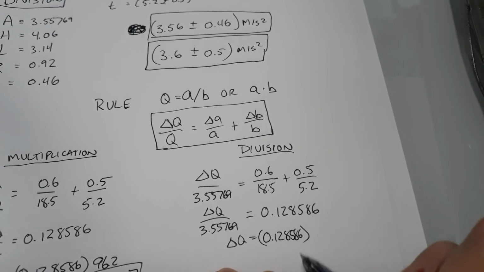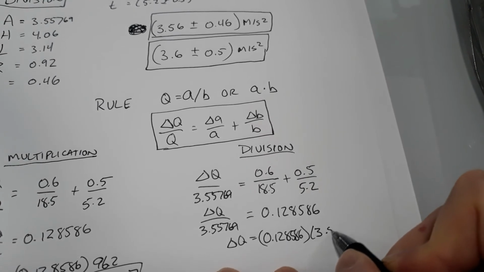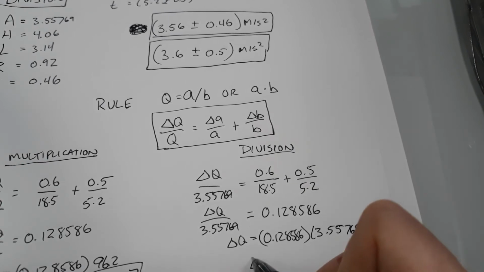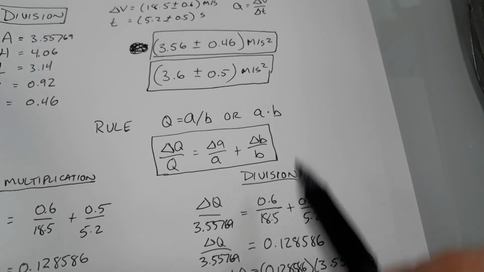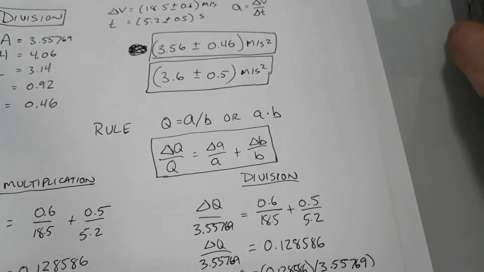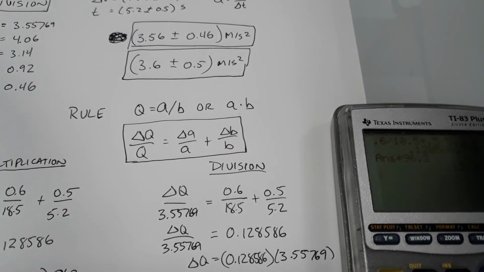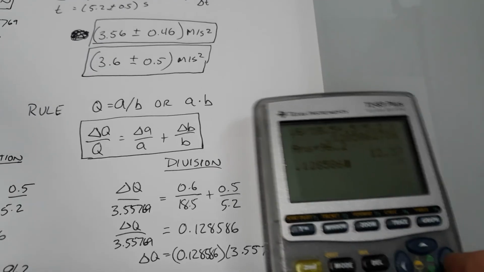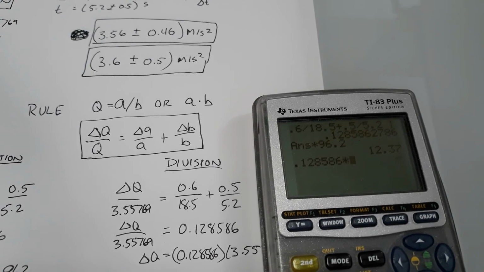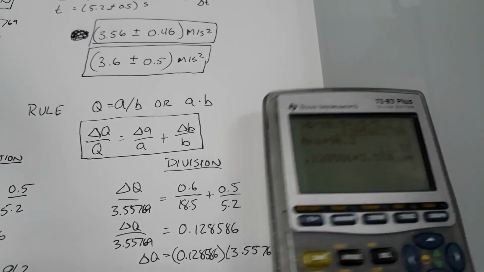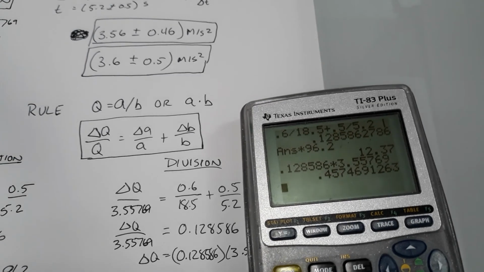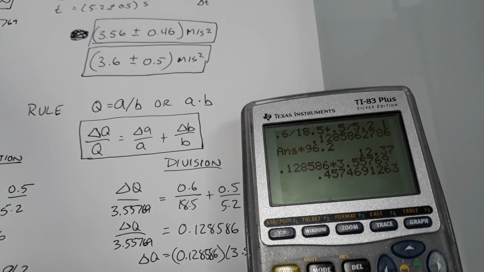So therefore, delta Q would be equal to 0.128586 times 3.55769. Remember, our answer for that one was 0.46. Let's see what we end up with here. 0.128586 times 3.55769 gives 0.4574.